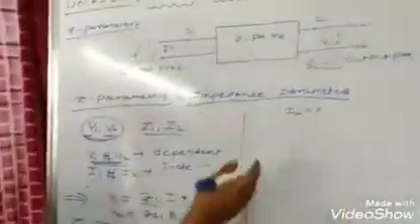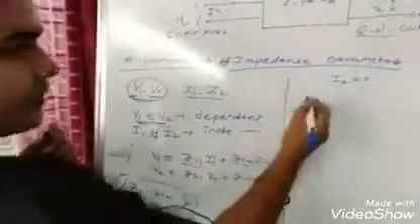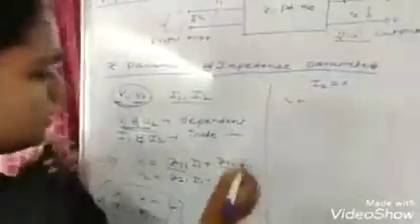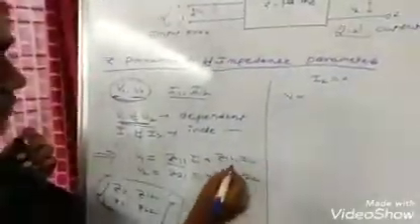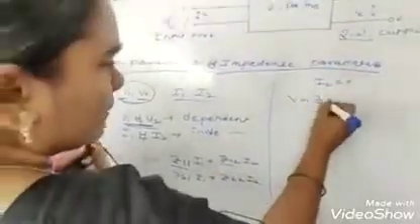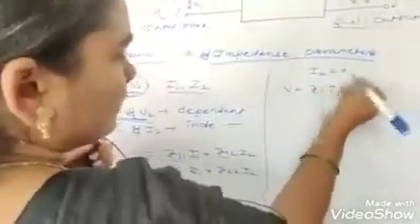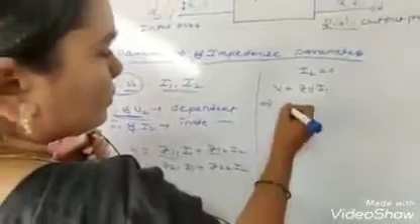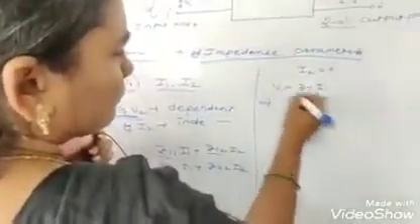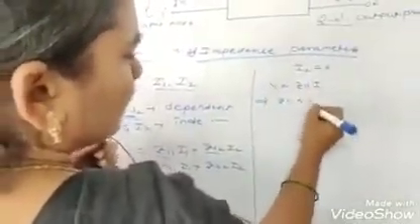First, if we take I2 equal to 0 and substitute it in this equation, we get V1 equal to Z11 into I1, since the other term becomes 0. So Z11 is equal to V1 by I1.